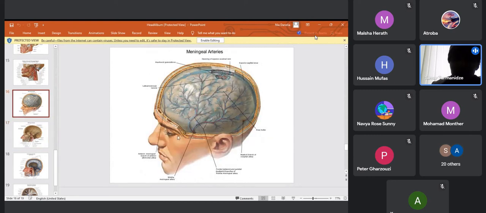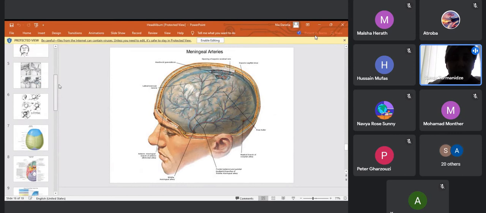These branches pass into the layers of the dura mater and provide blood supply of the dura mater.